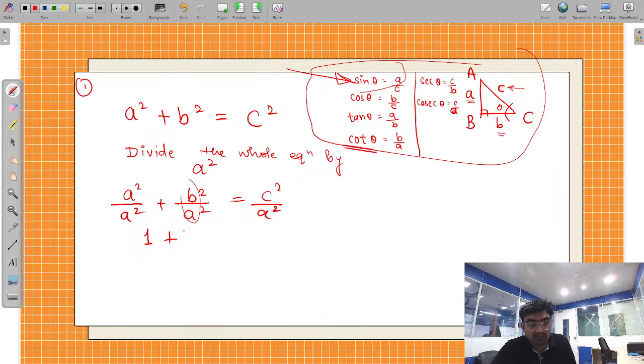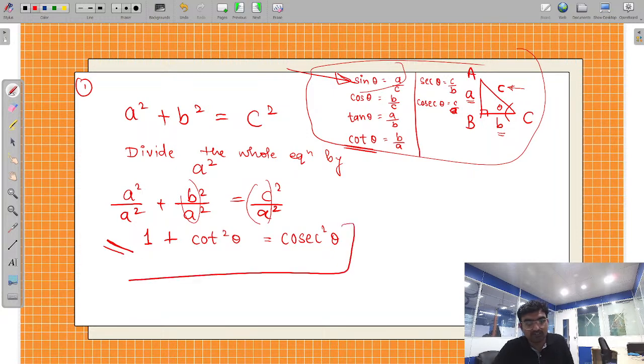B upon a is cot, correct? So cot square theta, right? And it will give me the value of c square by a square. Now what is c by a? Cosec theta, correct? So yeah, I get cosec square theta. Got it? Right? So this is our second identity.